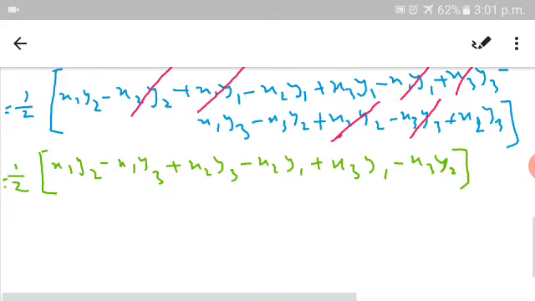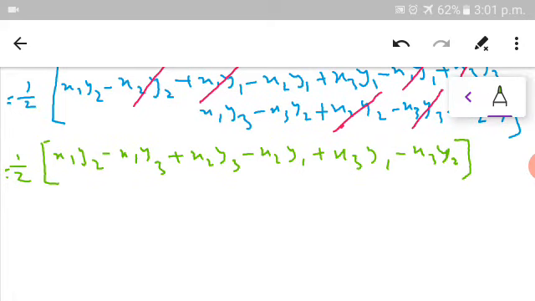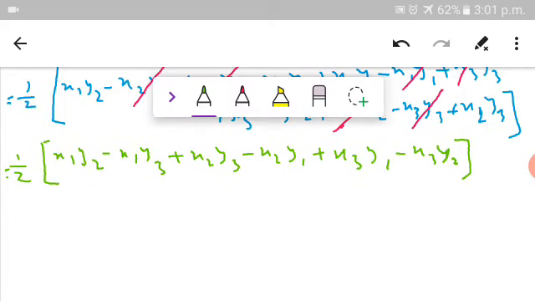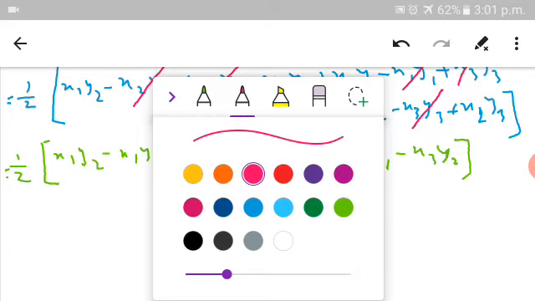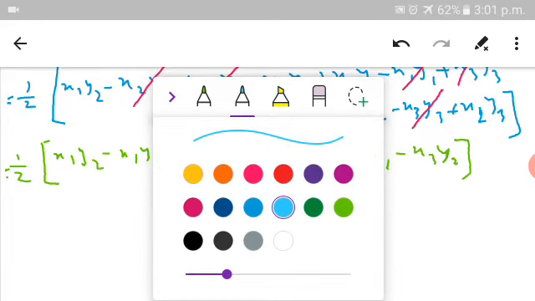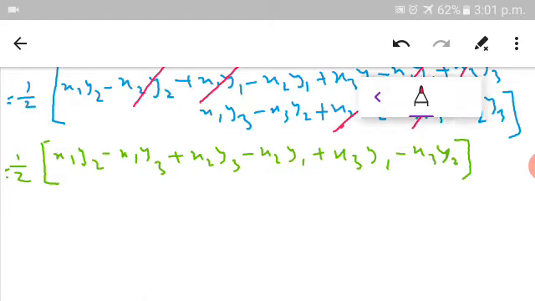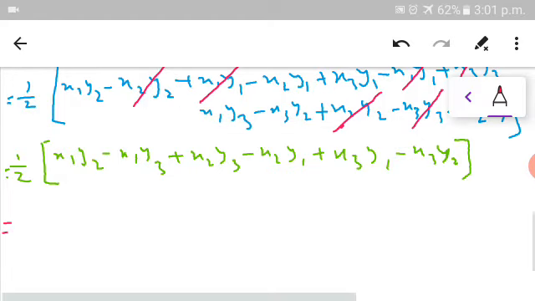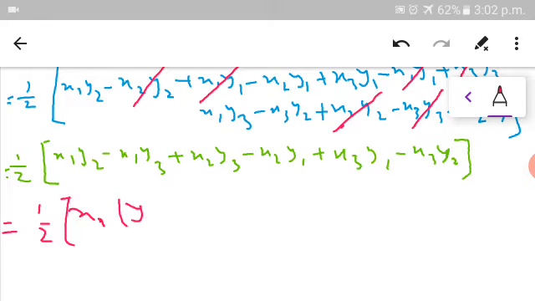We will take common. So when we take common, see, 1 by 2. Among these, first x1 is common, you can write y2 minus y3.